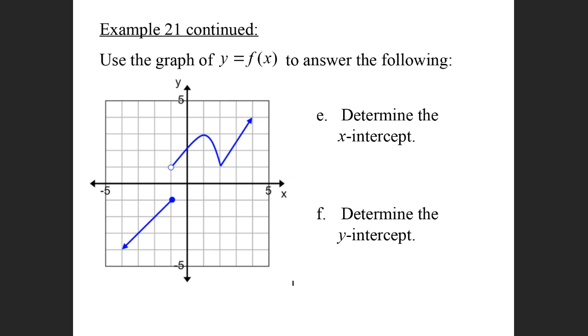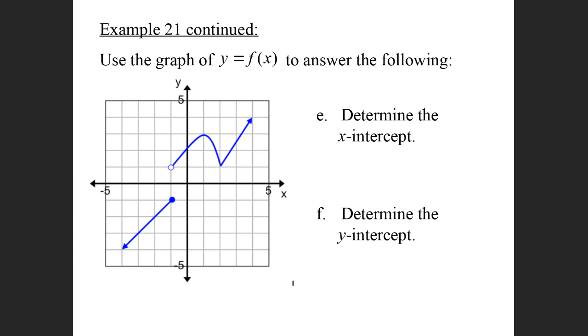All right, they're using the same graph and asking us about the x-intercept and y-intercept. What's the x-intercept of this function? 0. What do you mean by 0? x equals 0, you mean? So none, you mean?